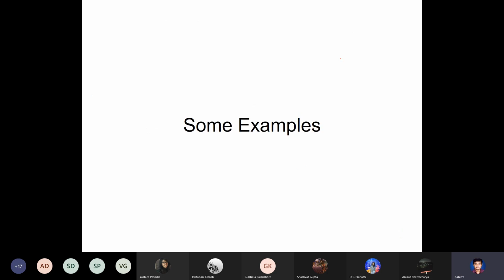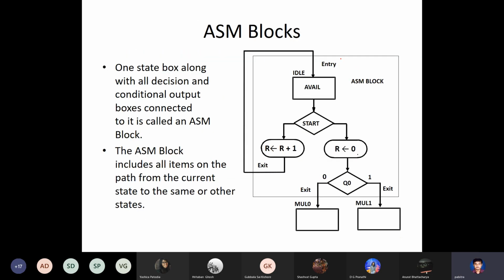One point to be noted in this regard is that it must be a valid ASM chart for you to convert it to an FSM. Note that there is one constraint that should hold, just like while drawing a flowchart you should follow some constraints. While drawing an ASM chart also, you should follow some constraints.